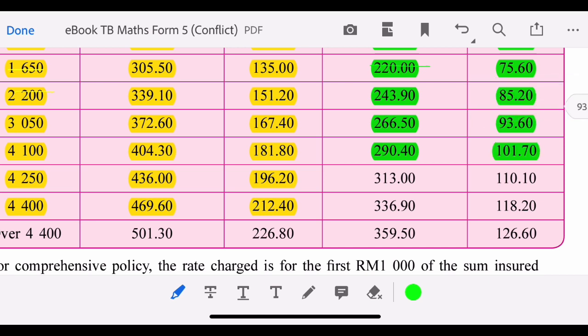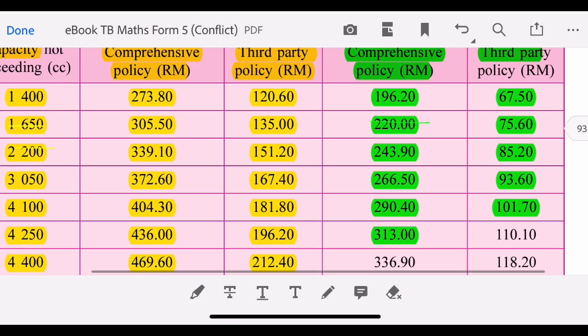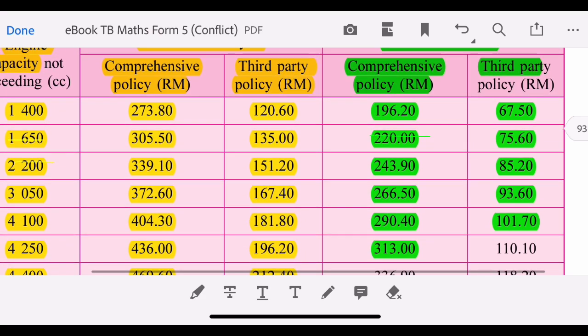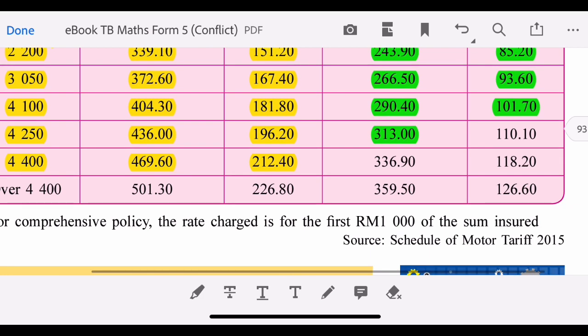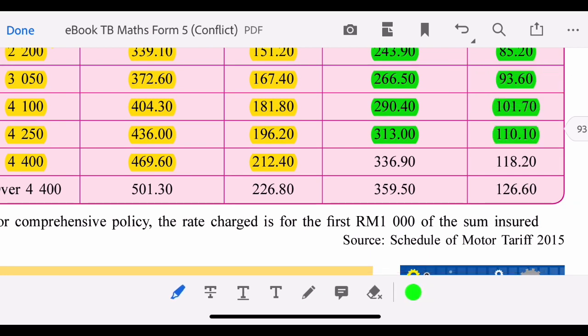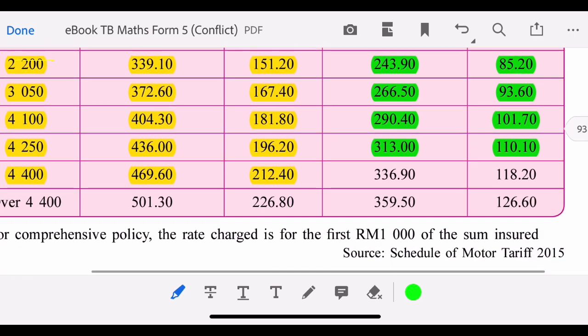For engine capacity exceeding 4,250, it will be 313 for the comprehensive policy premium in Sabah and Sarawak, and it will be 110.10 for the third party policy.